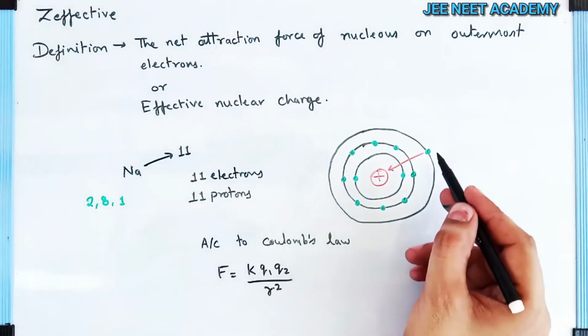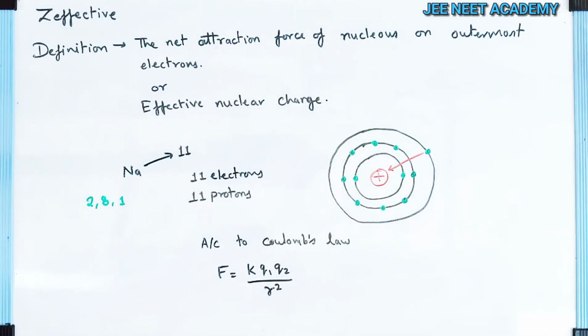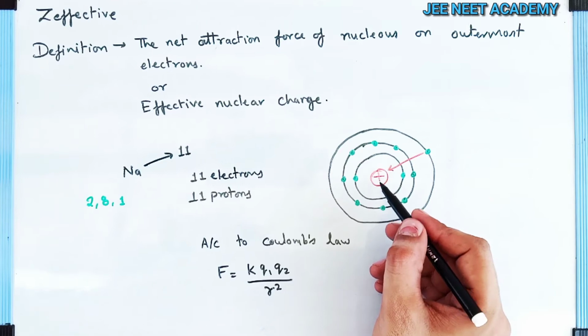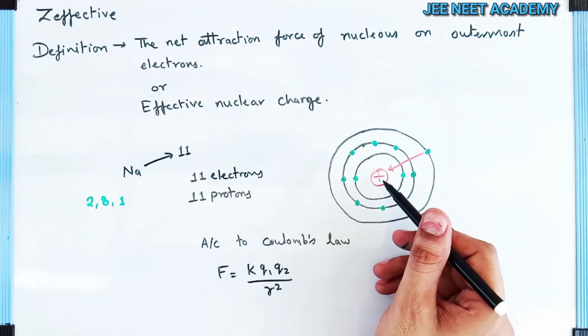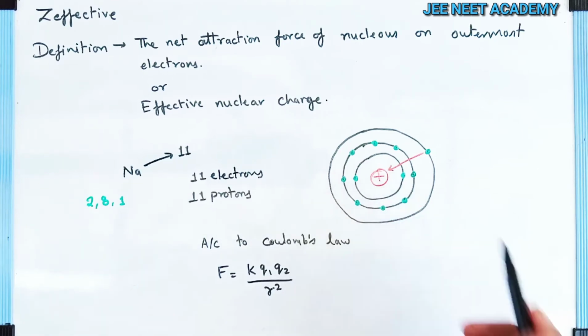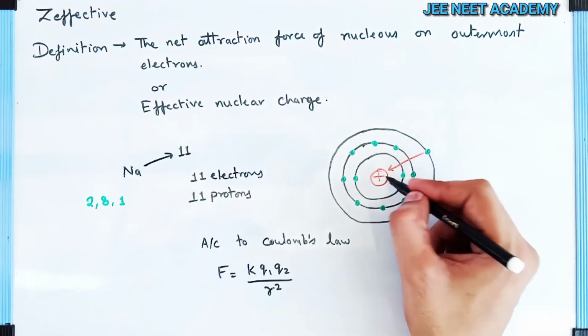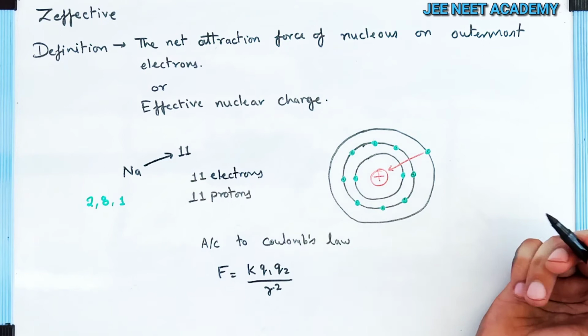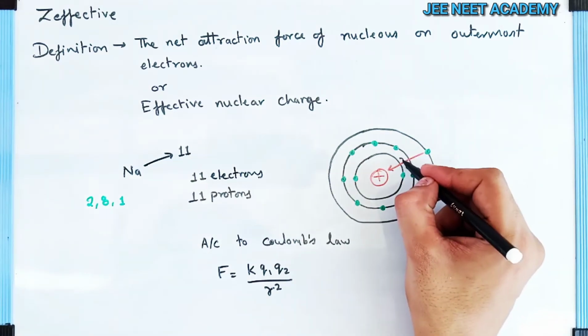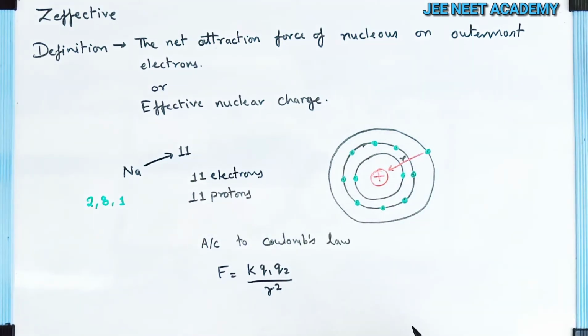Q1 is the charge of the electron in the outermost shell, Q2 is the charge of the protons in the nucleus, and R is the distance of the outermost electron from the center of the nucleus. This is R, and this whole expression is the force of attraction.